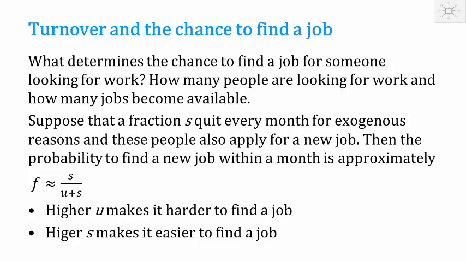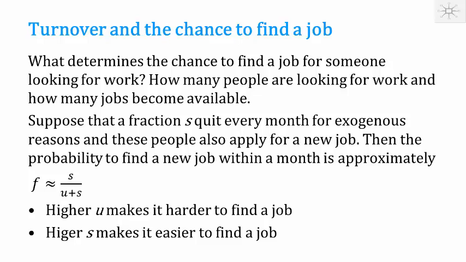So suppose that you have a fraction little s of the employed workers who quit every month for exogenous reasons. Maybe they want to move to another town, or maybe they get fed up with their boss or something. They decide to just quit. And we assume that those who are quitting, they at the same time apply for another job. But they quit independent of whether they get a new job or not.